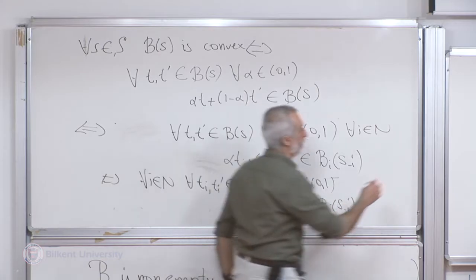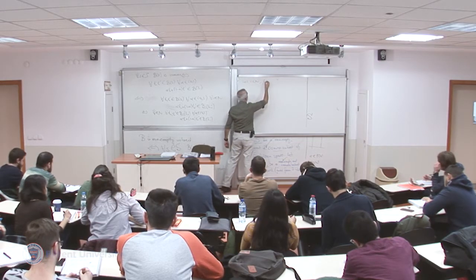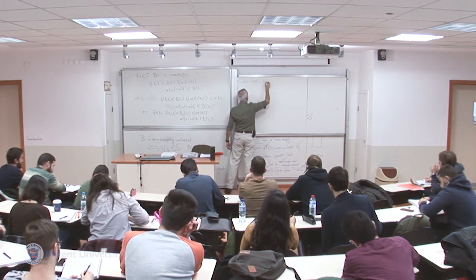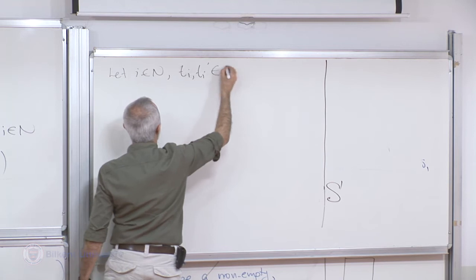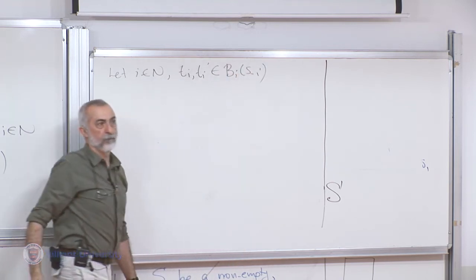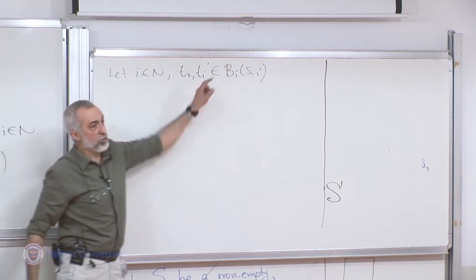So, let i be in N, Ti and Ti prime be in Bi of S minus i. Okay? So what does this imply?